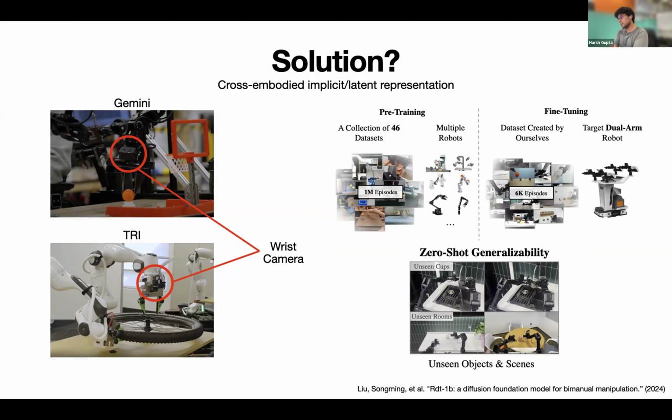This is a work, RDT, which uses 46 data sets consisting of millions of episodes of multiple different robots, and they're able to build an implicit latent representation by pre-training on a huge amount of data from different robots, but you still aren't able to make that jump to a new robot without a fine-tuning phase.